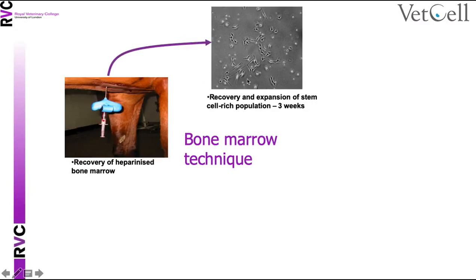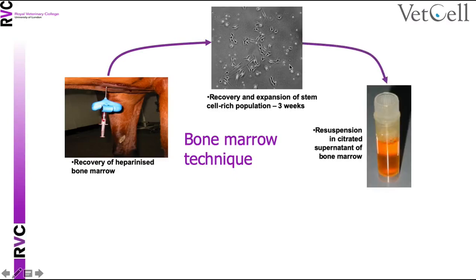Because there are very few stem cells in that bone marrow, we need to culture them in the laboratory, and that takes around 3 weeks to do. We then suspend them in the supernatant of the bone marrow that they originally came in. That's so that we don't inject anything foreign into the horse, and because the supernatant has a very nice, rich mix of growth factors in it.